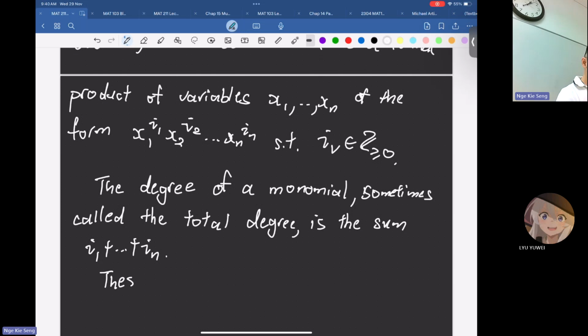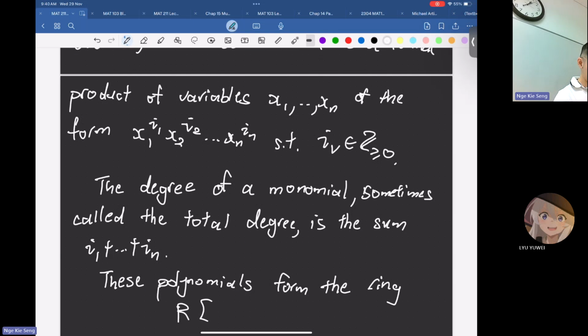And then these polynomials form the ring R adjoin x1 up to xn.